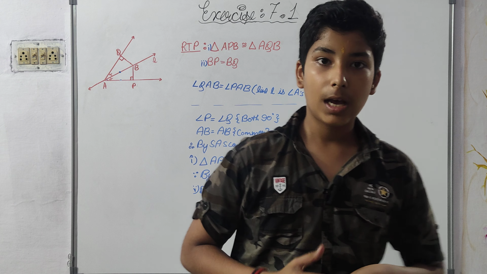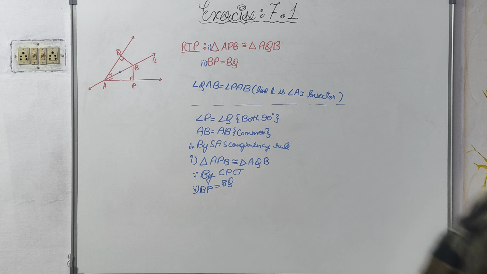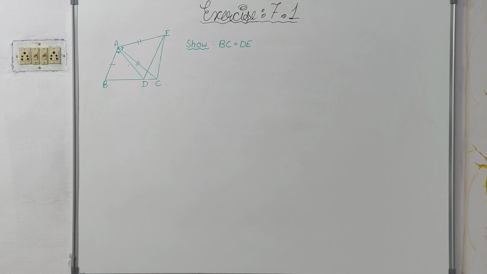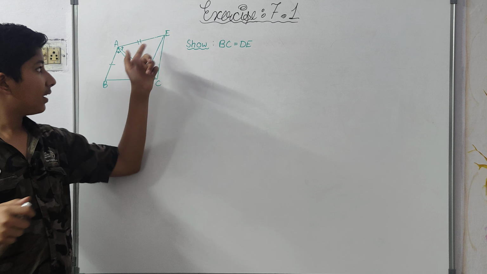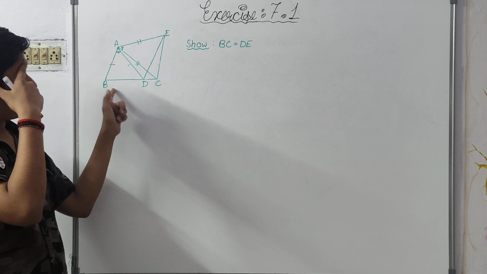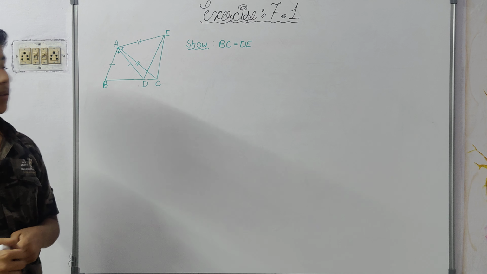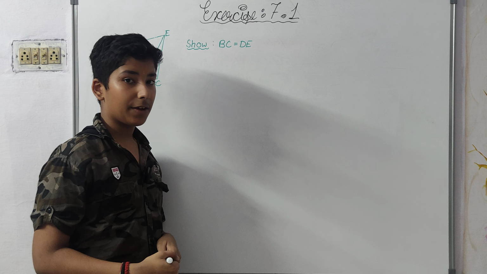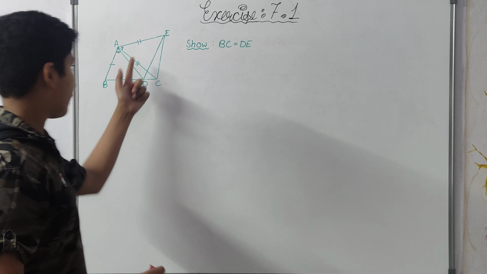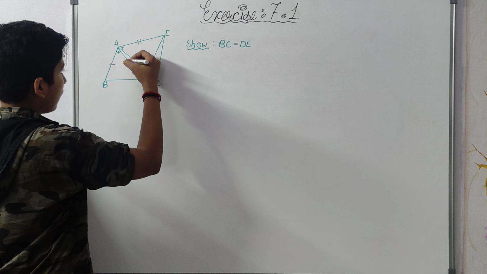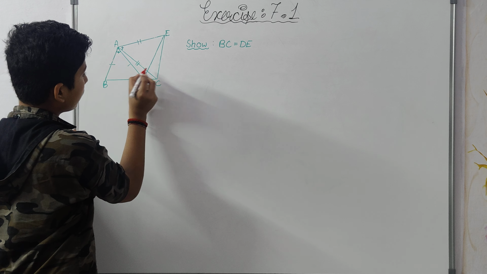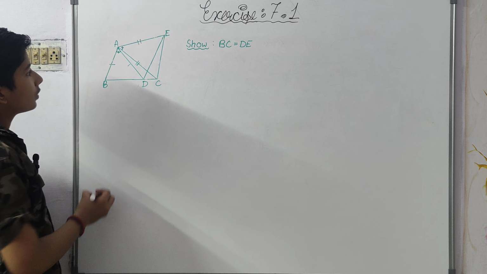Now let's come to our last but not the least question. So friends, in this question we have to prove that line BC equals DE, meaning this line equals this line. So firstly we have to prove that both of these triangles are congruent.